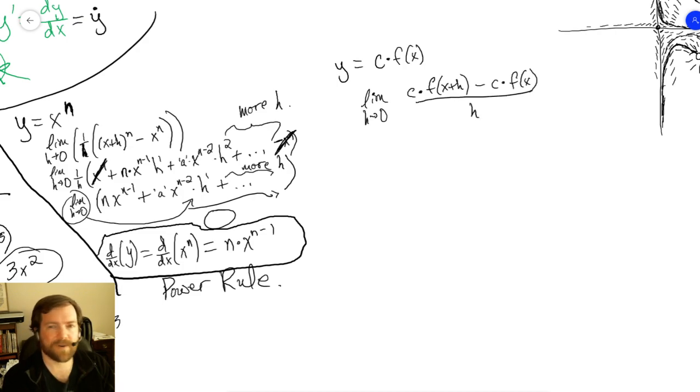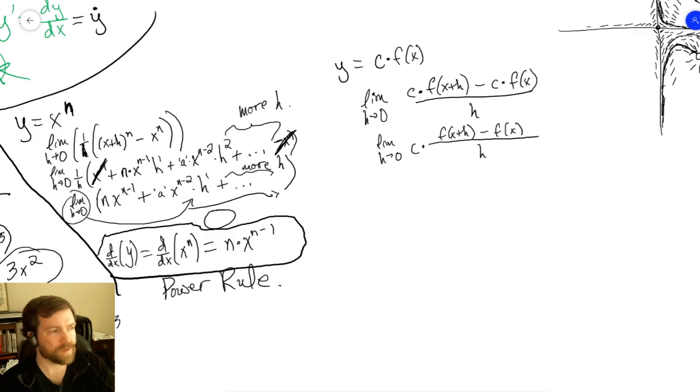And now we can just factor out c. Limit as h goes to 0 of c times that whole fraction, f of x plus h minus f of x over h. And c is not affected by the limit as h approaches 0.